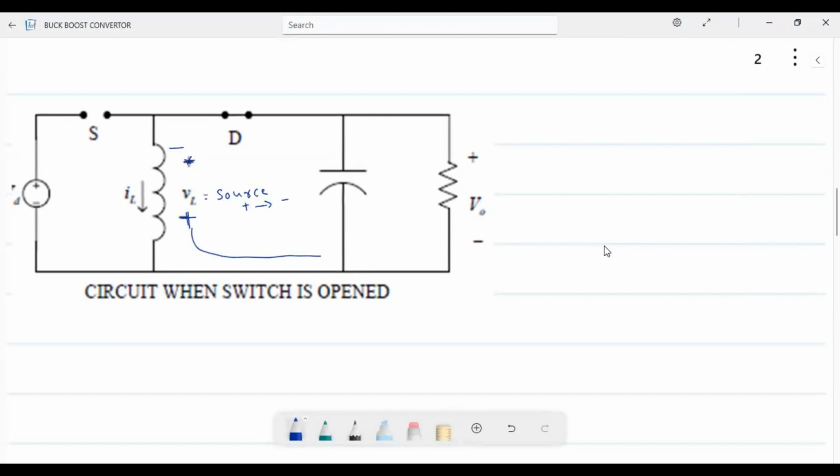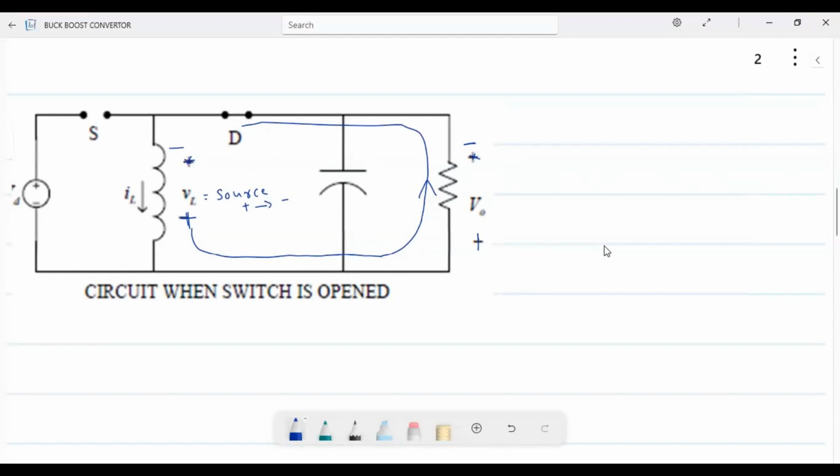So in this direction, current will flow. So this is the direction of current flow. So the output voltage will be negative in this case.